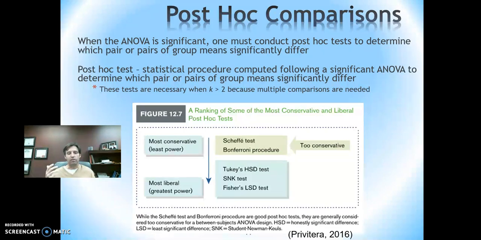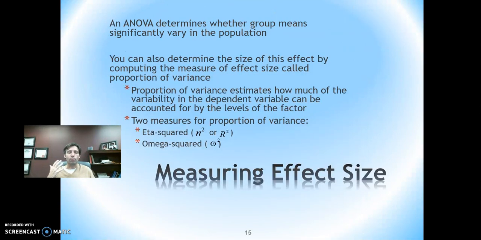Tukey's HSD is commonly used in psychological research. We also have the SNK test, and the LSD test is good when you have 3 groups. If you have 3 groups, use the LSD test because it's a pretty good indicator. It gives you the most power. So just be aware of those post hoc tests.